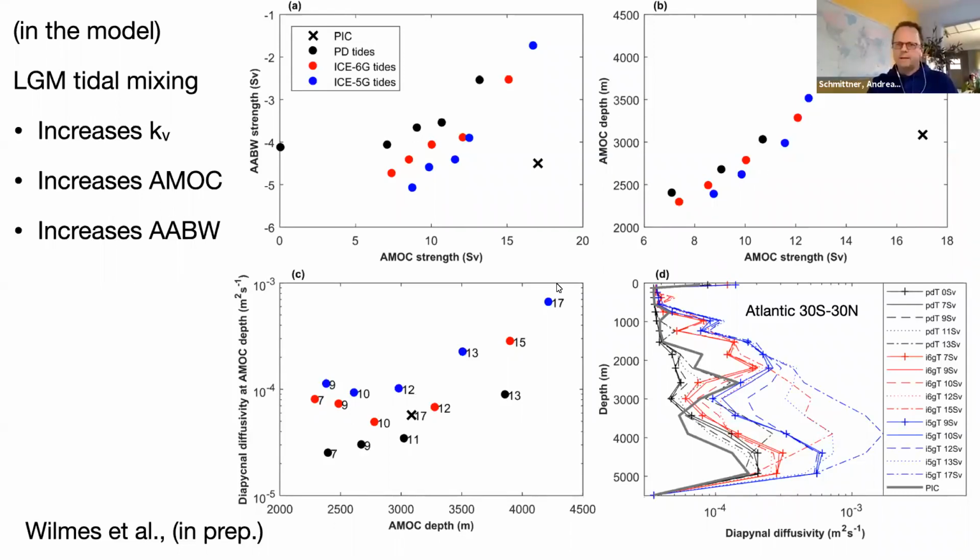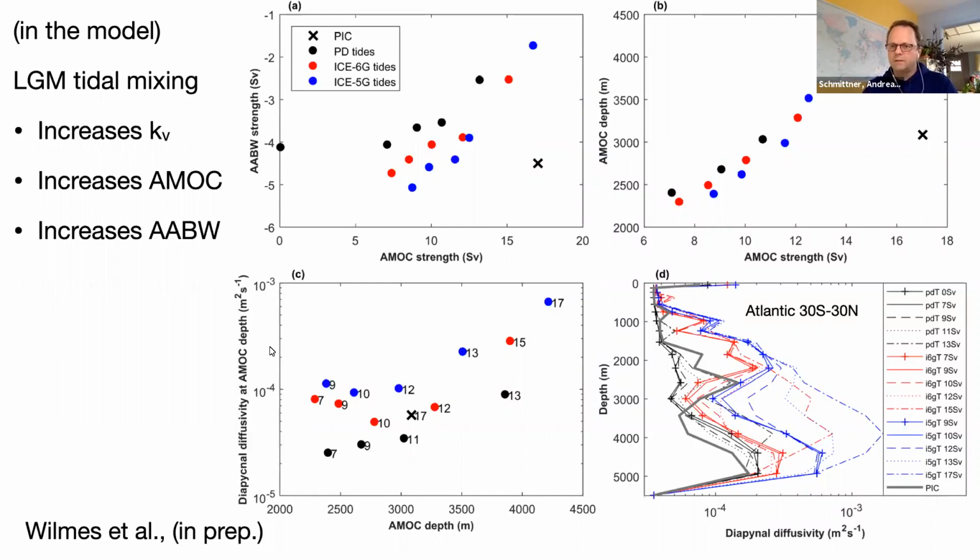Okay, and then let's just talk about this lower left plot for a bit, which shows again the AMOC depth on the horizontal axis. But now the diapycnal diffusivity on the vertical, averaged on that zero stream function isoline. So that essentially represents the separation between Antarctic bottom water and North Atlantic deep water.